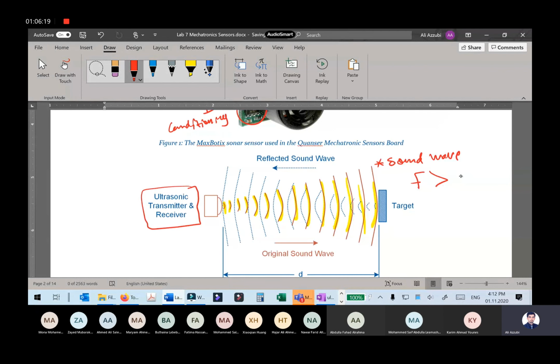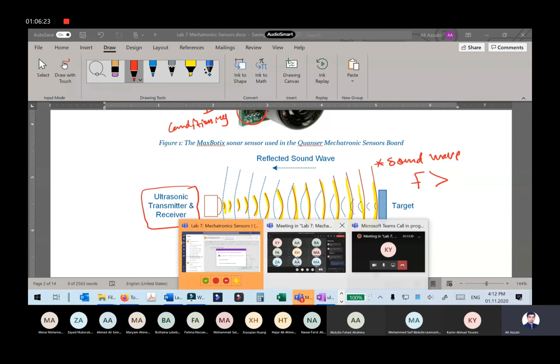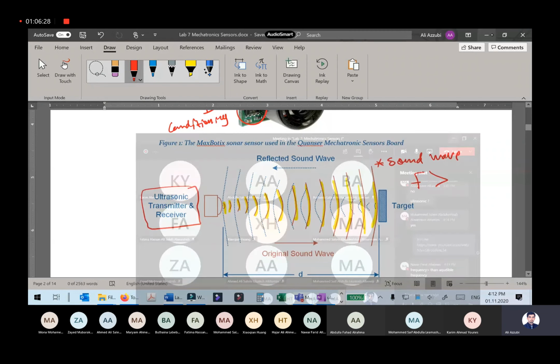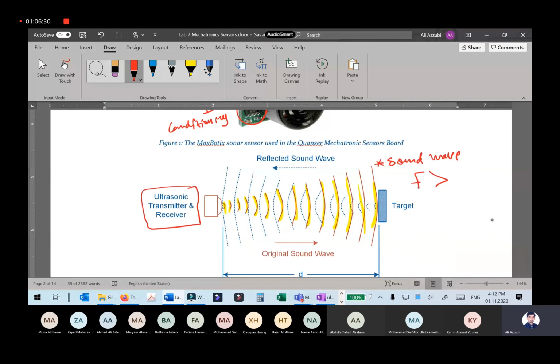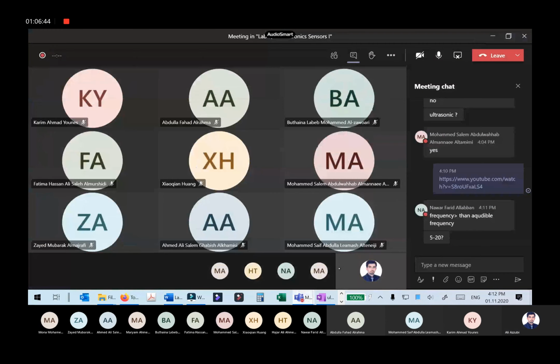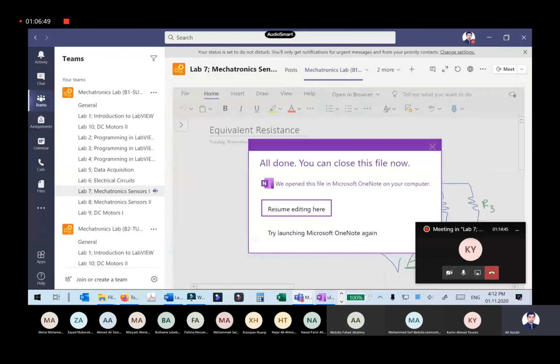Okay, what is the audible range? You know the audible range? The highest frequency that we can hear. Yeah, exactly. Okay, but what's that range? It depends on the age, by the way. Let's say 16 kilohertz, something like this. 5 to 20, yeah.